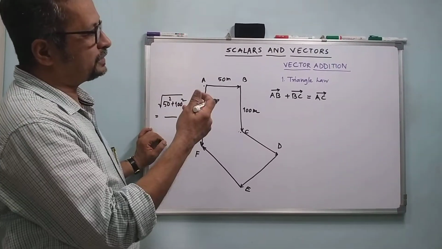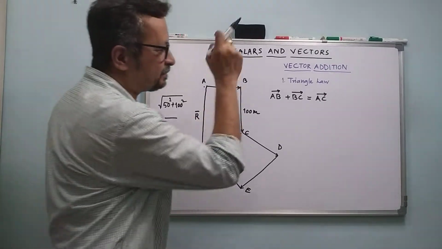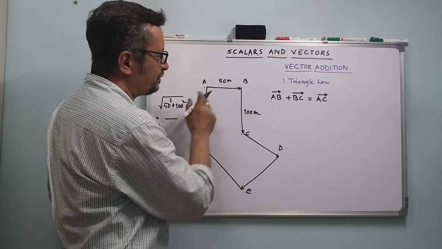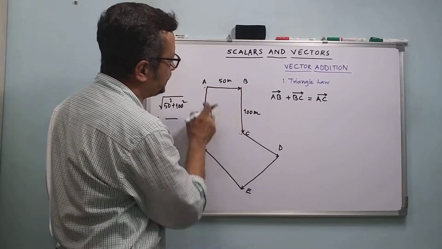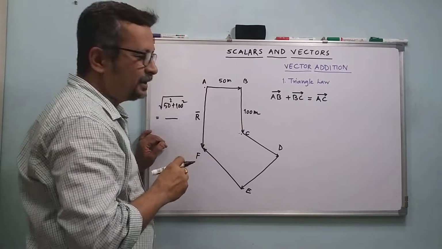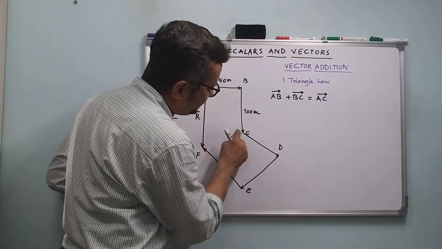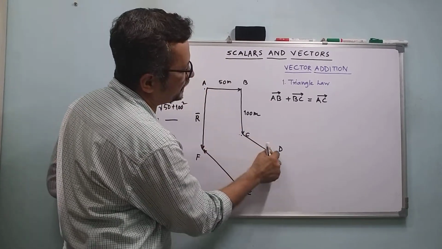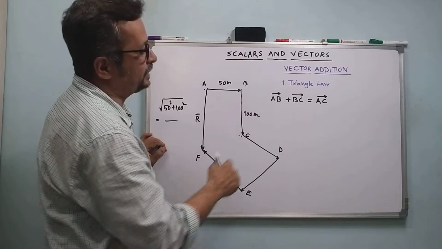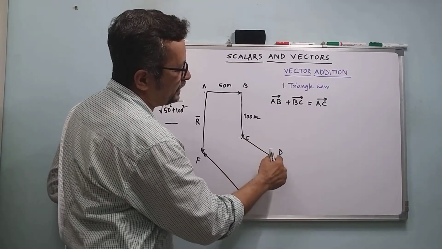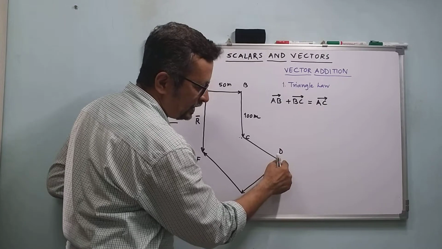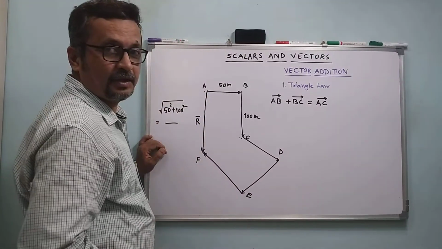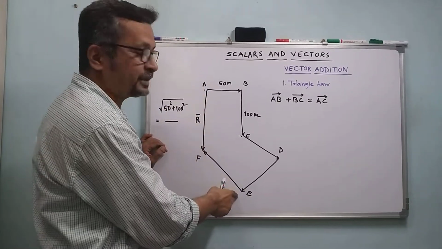Okay, but how does it really connect with my triangle law? I'm going to take pairs. My first pair is AB bar and BC bar, so I take the resultant of that. Then I take the resultant of the first two vectors and my next vector, and I connect them. Then I take the head of the resultant and the next vector, and I connect the starting with the ending, the tail of my first vector with the head of my last vector, correct?